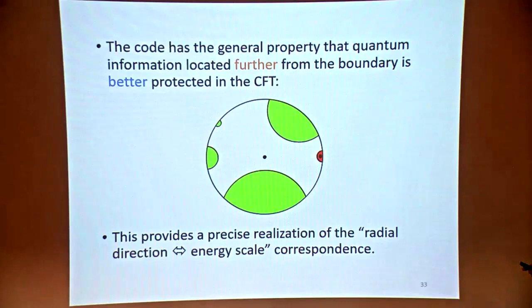Excitations very close to the boundary should be thought of as high energy excitations in the CFT, whereas deep in the bulk, things are low energies in the CFT. You might think, what is the precise definition of low energy and high energy? That would actually give a sharp definition of radial distance in this case.